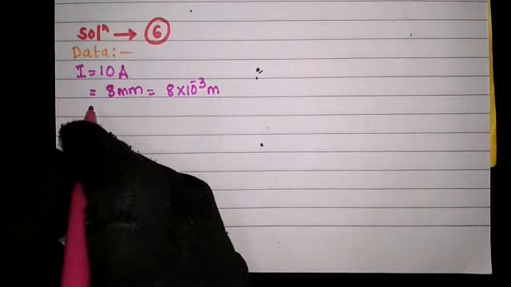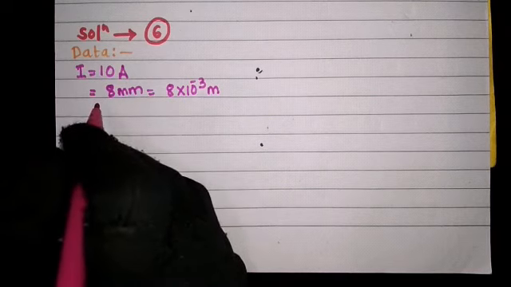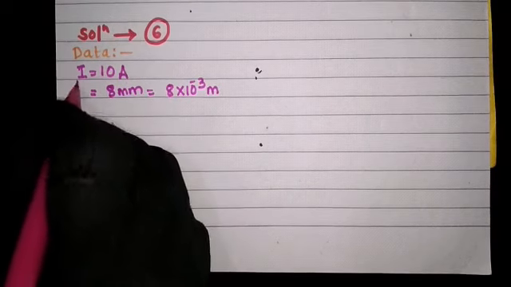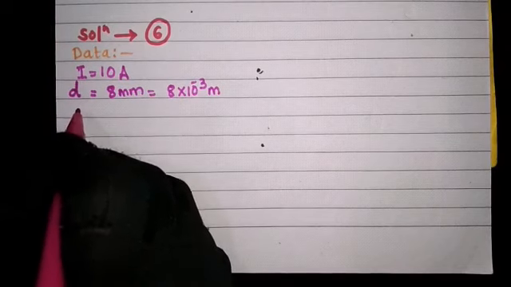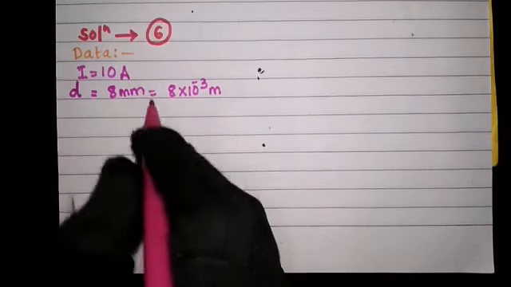Now when we have two long straight wires, the separation between them is considered as small d. So d is the separation between the two wires, 8 into 10 raised to minus 3 meter.